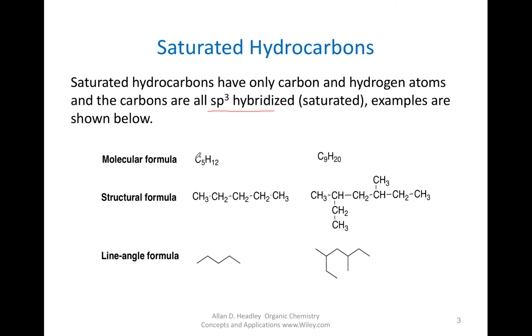So just to refresh your memory, here is a molecular formula, here's a structural formula, and here's a line angle formula. You should be familiar with using any one of these formulas, but most important, we'll use the line angle formula very frequently. So you should be able to draw that.